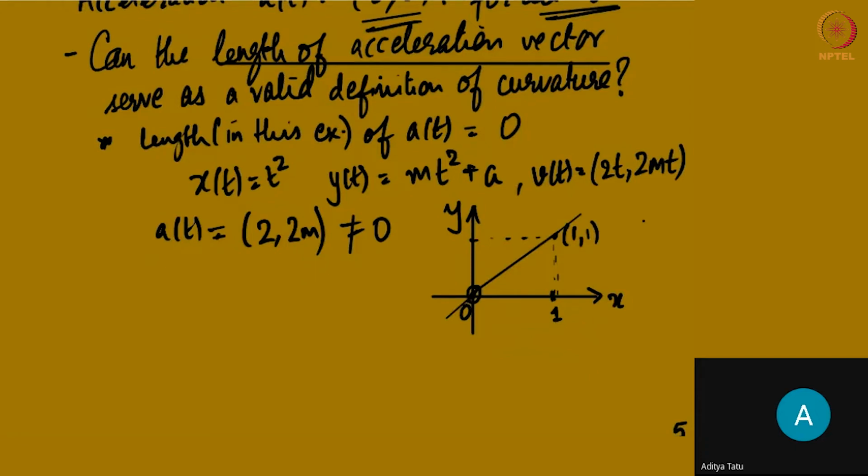Acceleration is due to what? Change in velocity. And velocity has two things, magnitude and direction. What is the magnitude of velocity called? Speed.